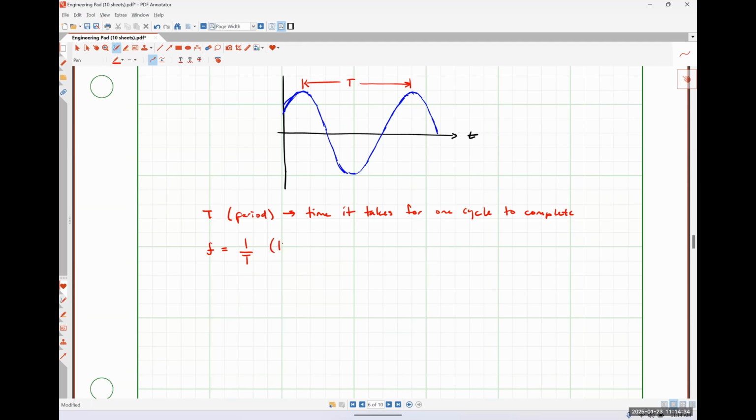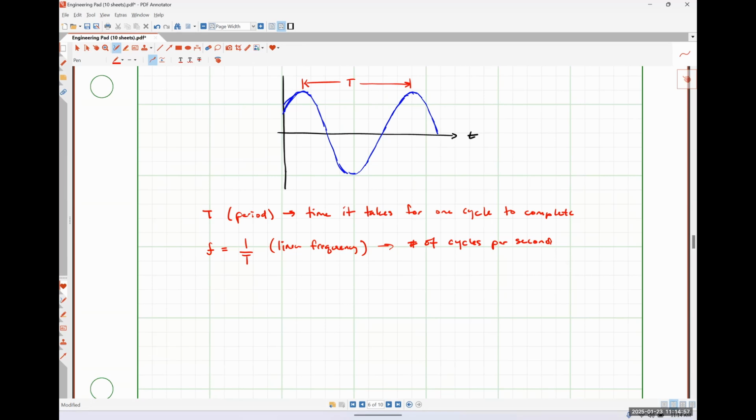So this is linear frequency. And essentially, this is the number of cycles per second. Okay, hertz, exactly right.